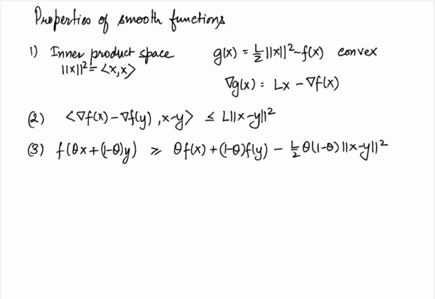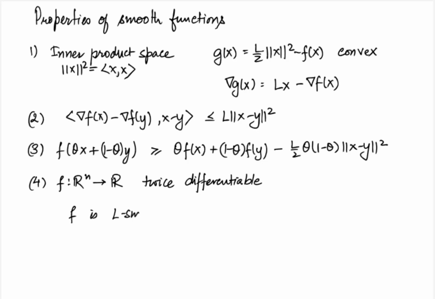Finally, a second order characterization of smoothness is also possible for functions that are operating in R^n and that are twice differentiable. Such functions are L smooth if and only if the P,Q operator norm of the Hessian at any x is less than or equal to L, where P and Q are greater than or equal to 1 and 1 by P plus 1 by Q is equal to 1.